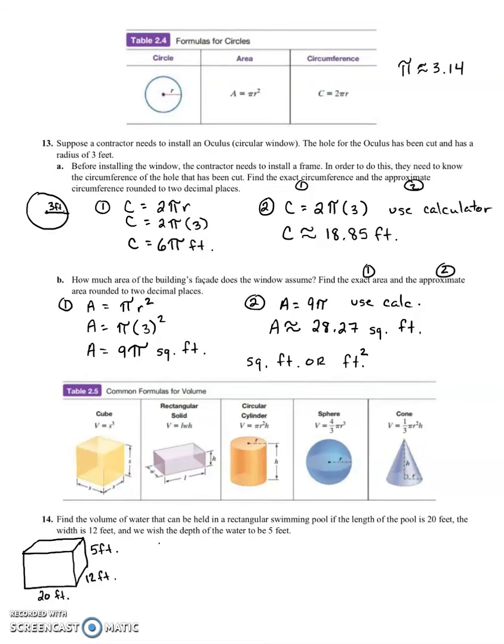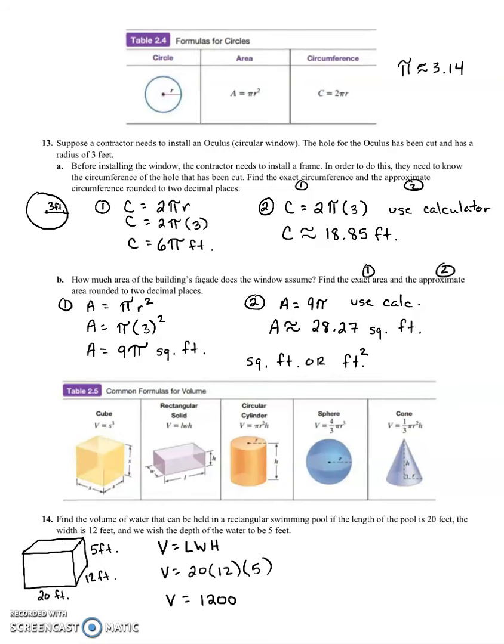For a rectangular solid, we have volume equals length times width times height. So in this case, that's 20 times 12 times 5. So the volume equals 1,200.